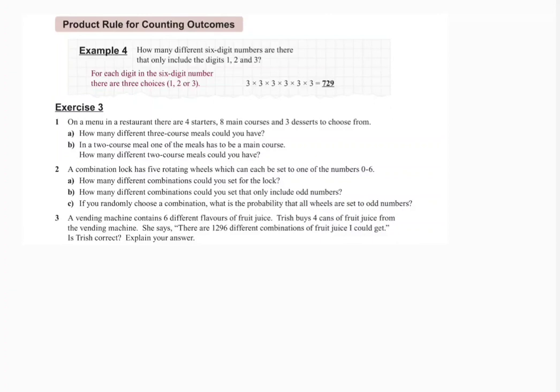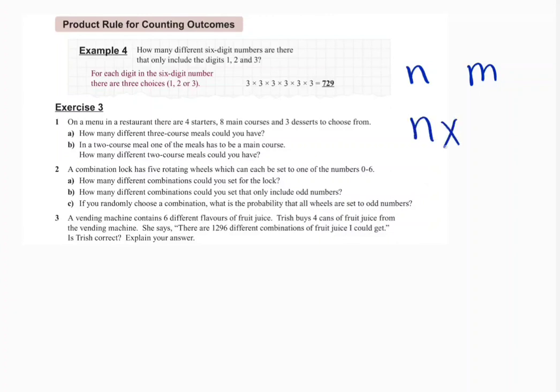So let's say there are two events, and there are n ways of doing the first event and m ways of doing the second event, and the question is how many ways are there in total of doing the first and second event.